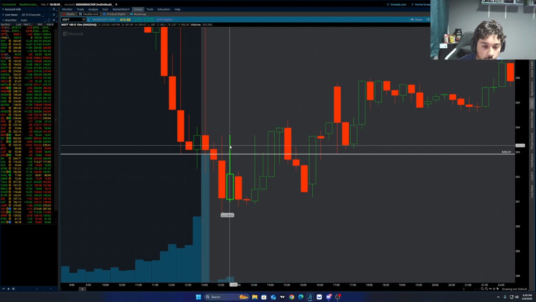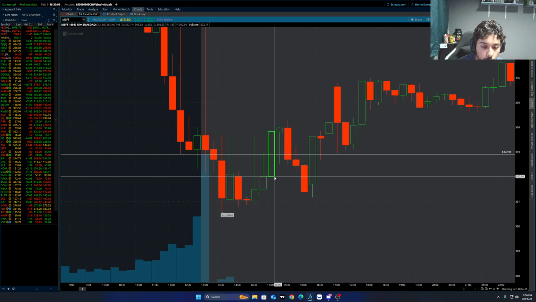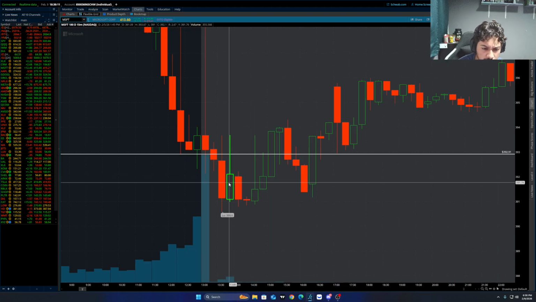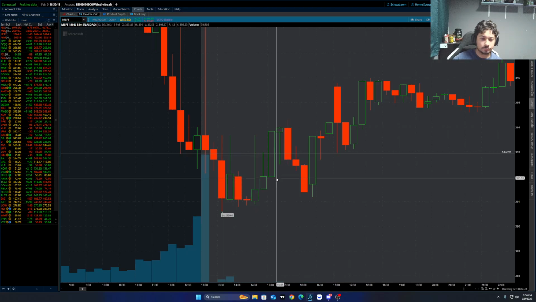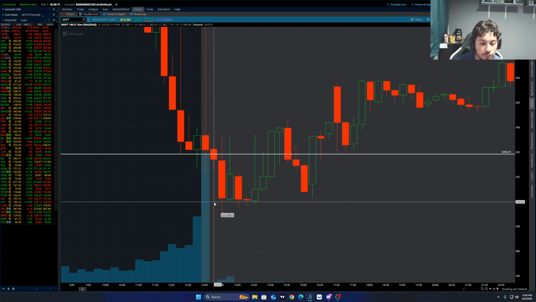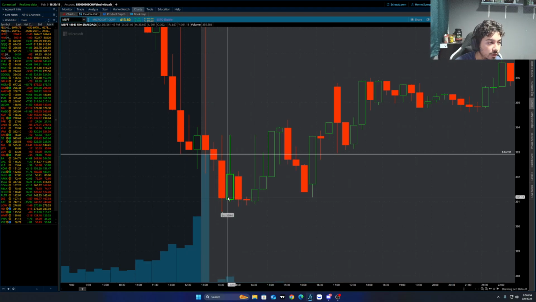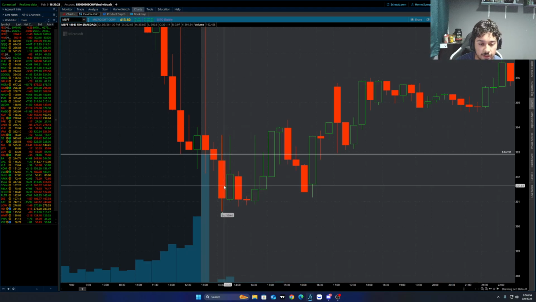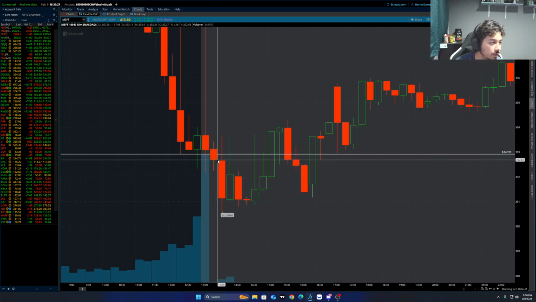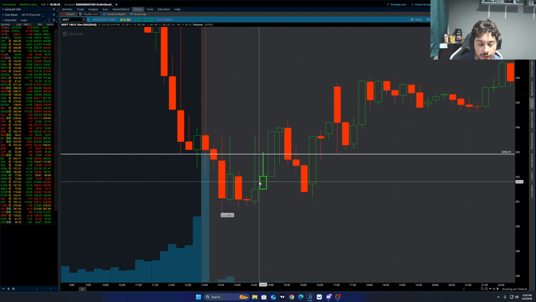It goes up, comes back down, and if you hold it an hour and 5 minutes, most likely if you got filled at this level, your contract will be around this area or up here, depending on your theta.